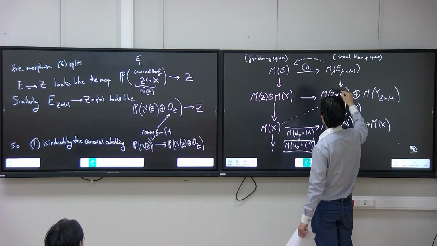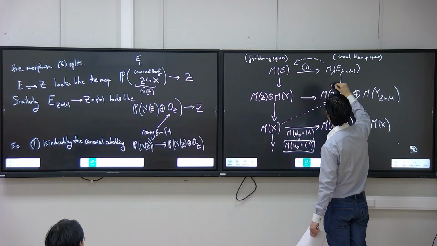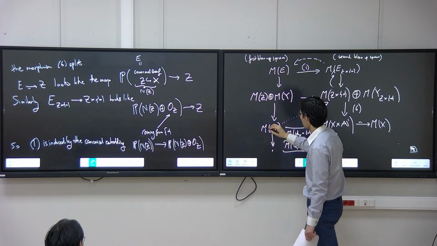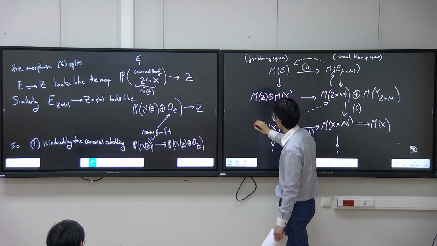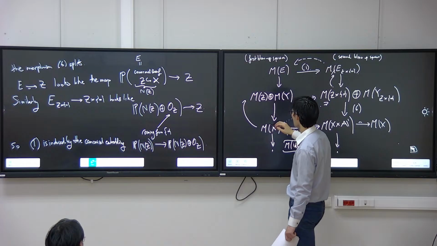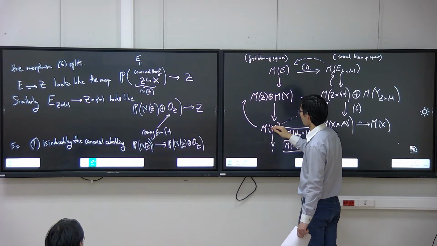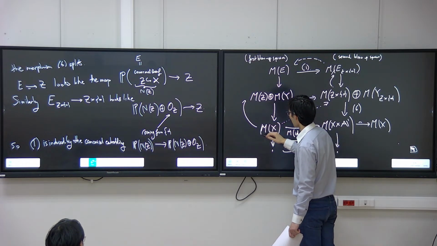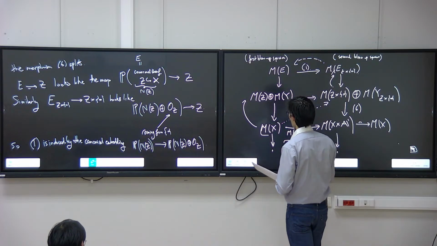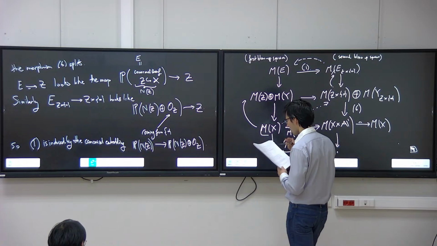And so combining everything together, there's a map here, we get a map going all the way to here, i.e. a map from here to here. So this splits this one, which gives us a map that we wanted from m of x to m of y, let's say. That gives us the splittings, and that proves the lemma.